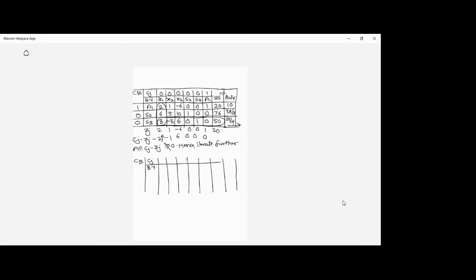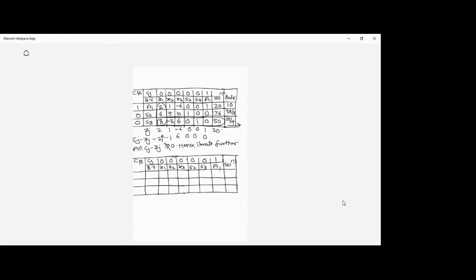So this is solution, x1, x2, x3, s2, s3, a1. Here we have it as 0, 0, 0, 0, and 1, right? So three variables, 1, 2, and we have 3 rows here, right?